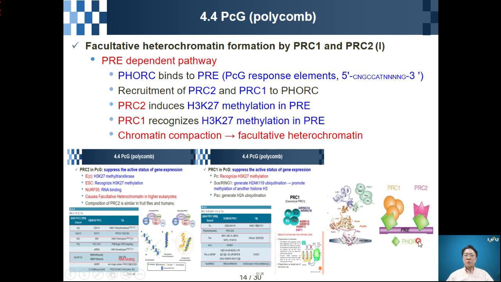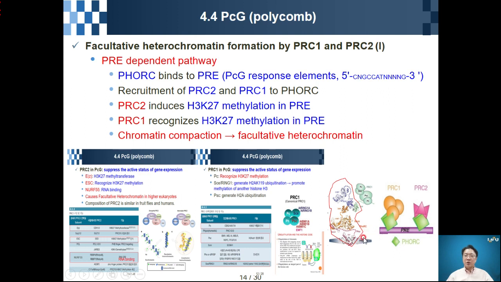Usually a transcription factor binds to this region. This is the transcription factor, so this pathway is transcription factor dependent.